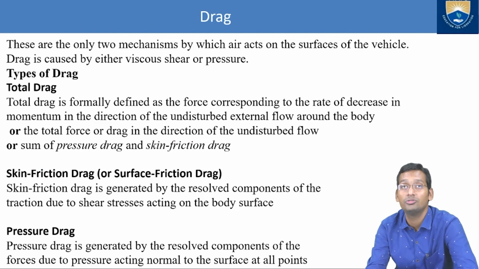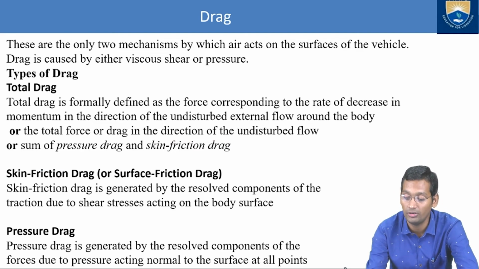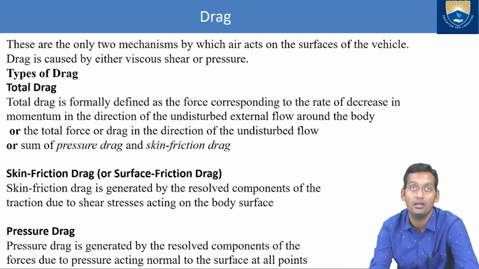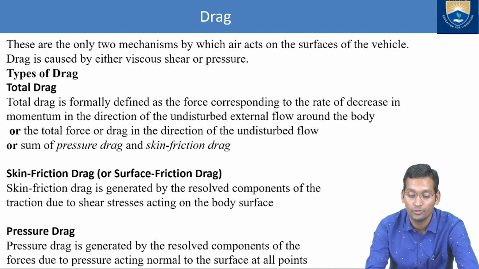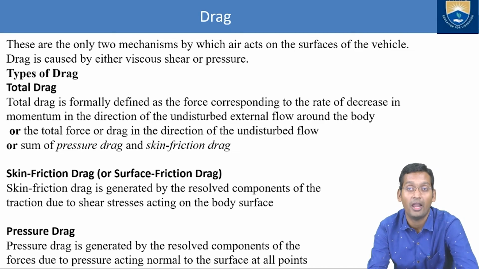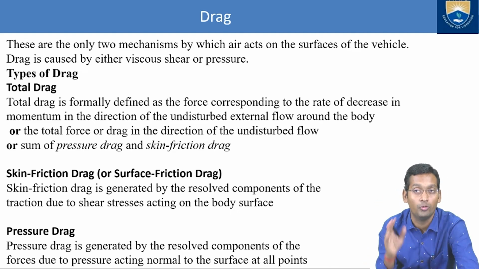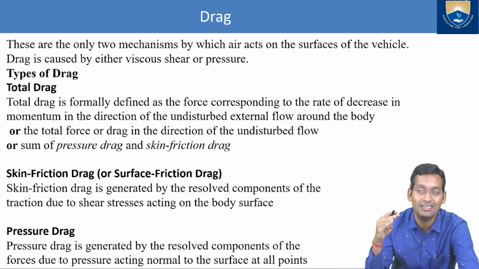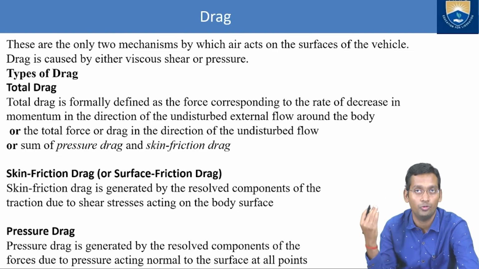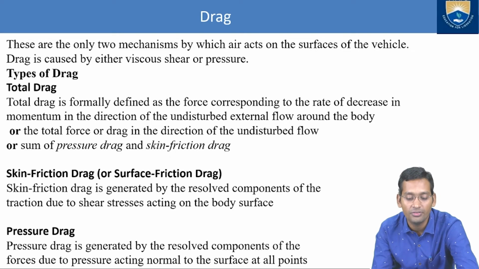Now come to drag. This is the final one which I told you we will see at a later stage. So how is drag there and who is there? It's not like that some people are there forcing backward. No. Because of the air, the aircraft experiences some backward force, or you can say the shear force or viscous shear, right?